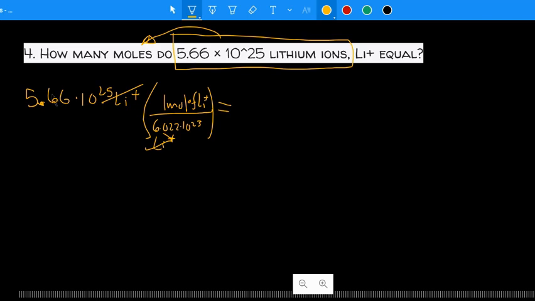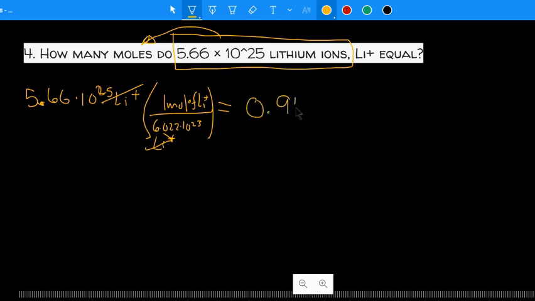If I go 5.66 times 10 to the 25th, divided by 6.022 times 10 to the 23rd, so we should get 25 minus 23 means 2 decimal places approximately, so I have a double check here.